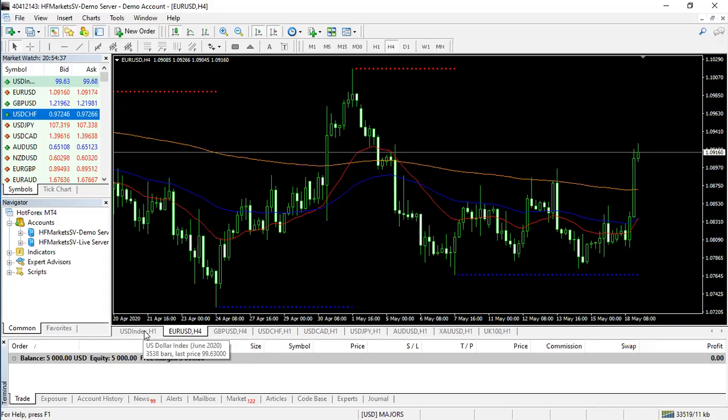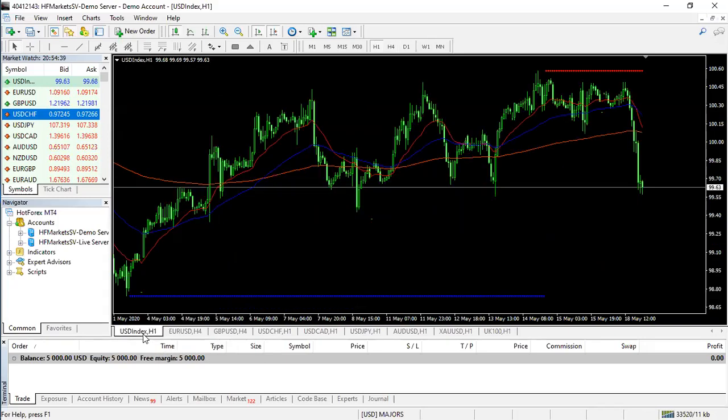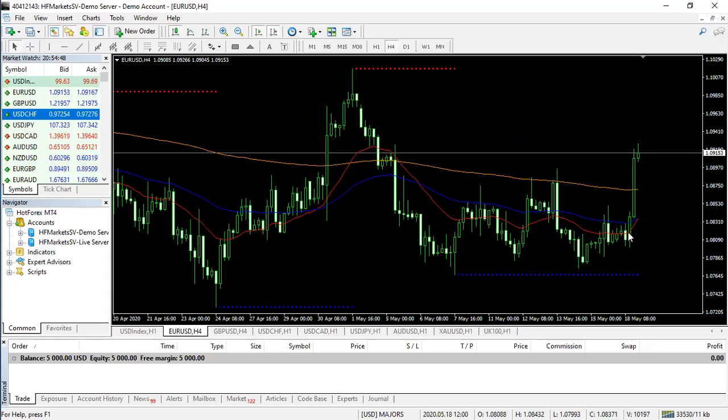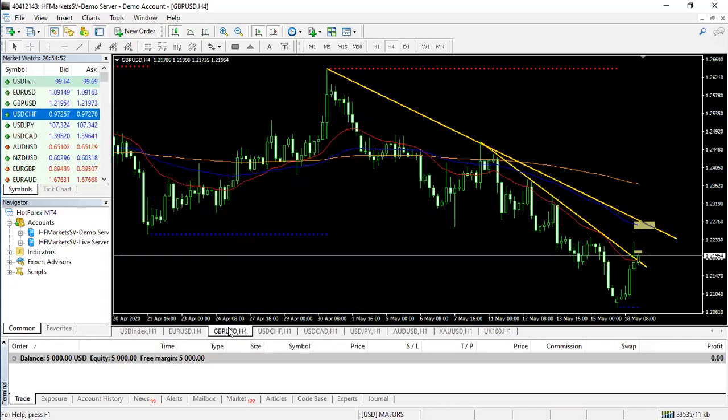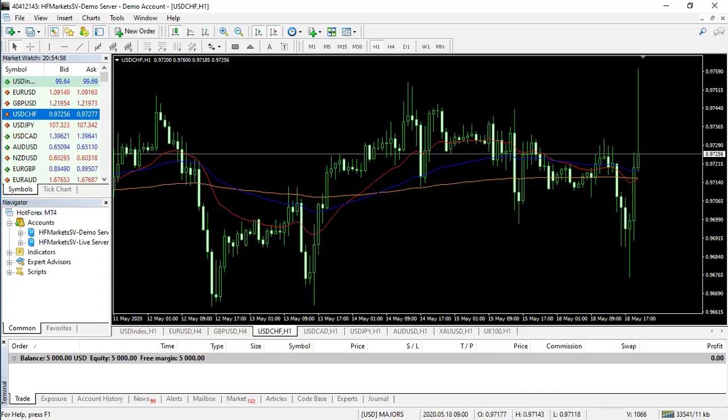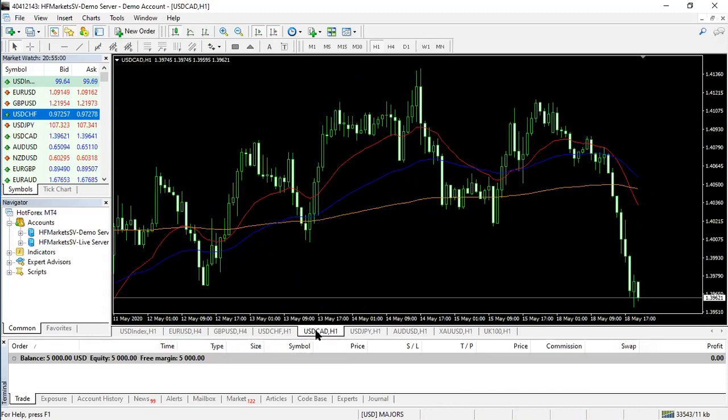Your USD being the most affected. Okay, so you can see this. Since morning the USD index has been selling. Since morning, EUR/USD has moved more than 100 pips. GBP/USD the same case. It started buying only.